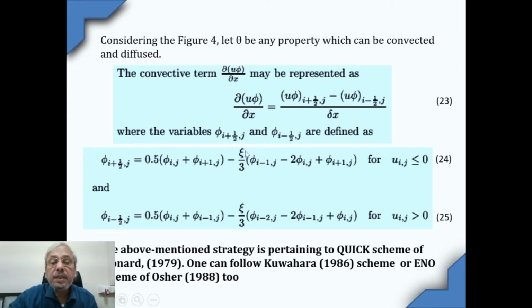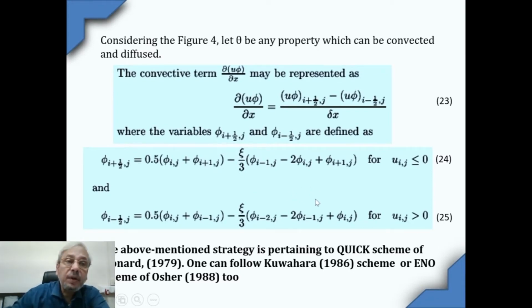And this quantity xi is basically a parameter involved with upwinding strategy, and value of this parameter, for example, if we go by quick scheme, as you know, quick is a very popular scheme, and the value of xi in quick scheme is 3 by 8.